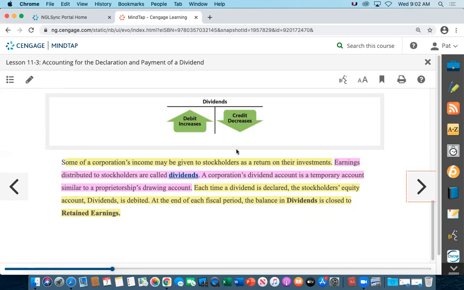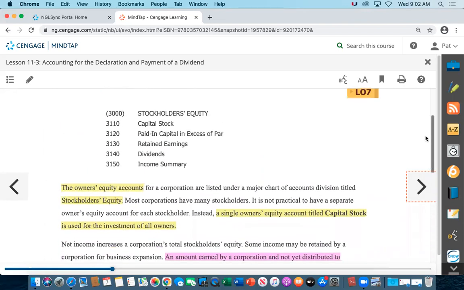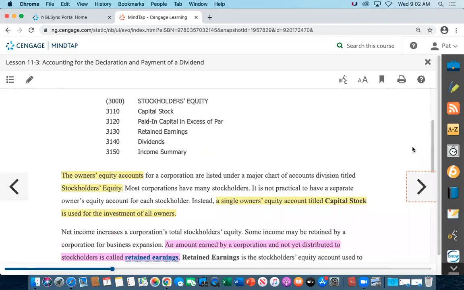Each time a dividend is declared, the stockholders' equity account dividends is debited. Dividends is then closed into retained earnings, so we lower retained earnings. Kind of sort of makes sense. All our shareholders' investments are going to be put into one place, capital stock. Retained earnings is where we put all the money that we make that we haven't sent out to our shareholders.